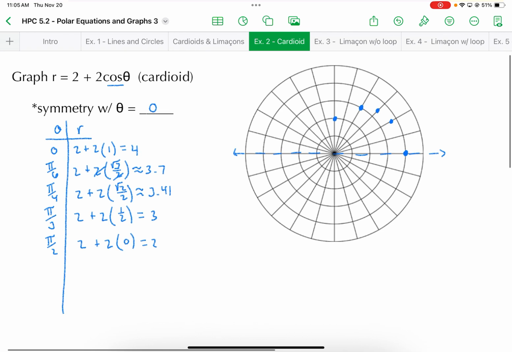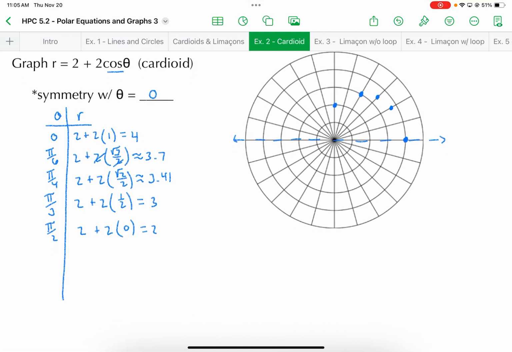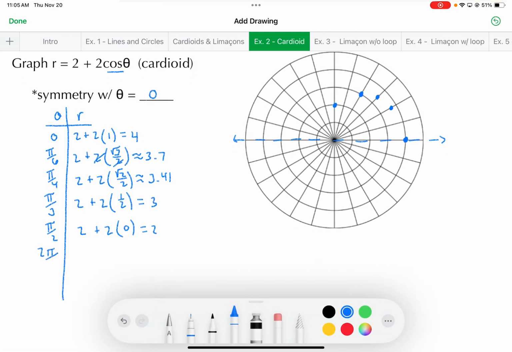Now let's use some second quadrant angles. Okay, about 2 pi over 3. That's going to give me 2 plus 2 times negative 1/2, which will end up giving me exactly 1. Okay, so right there is 1 at 2 pi over 3.